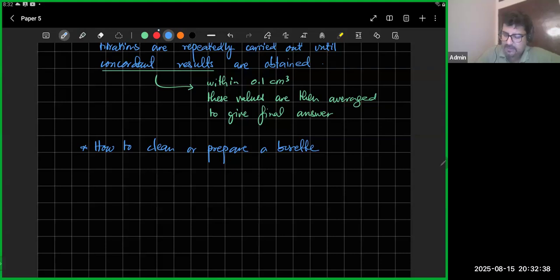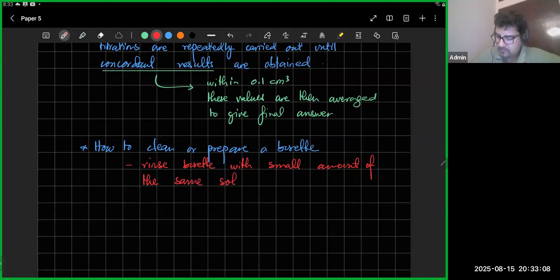The number one thing is that you always rinse the burette not with water, but with a small amount of the same solution that is to be used.